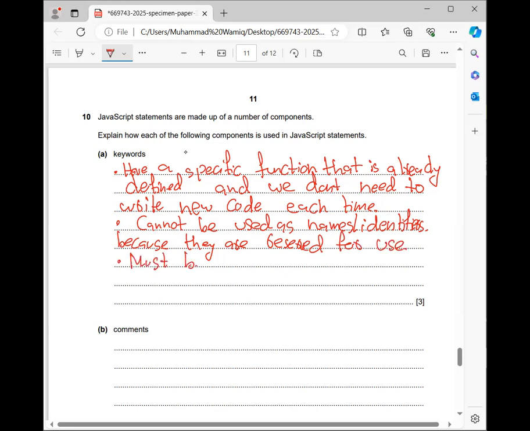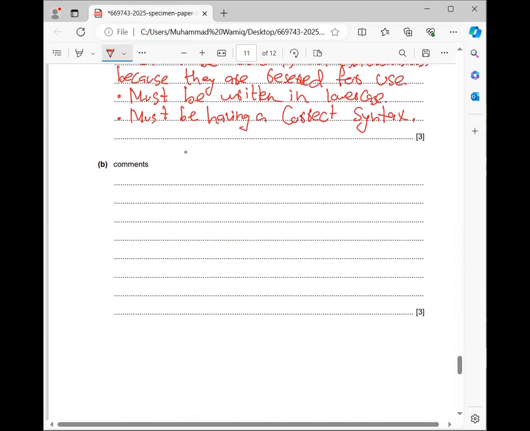They must be written in lowercase, otherwise it will not work. And they must have the correct syntax. So that's it. 4 points for 3 marks. You can write only 3 points. I have added one extra.